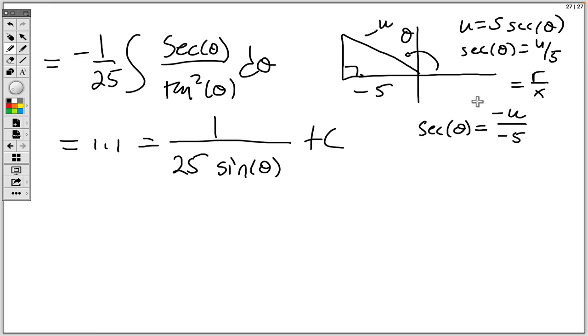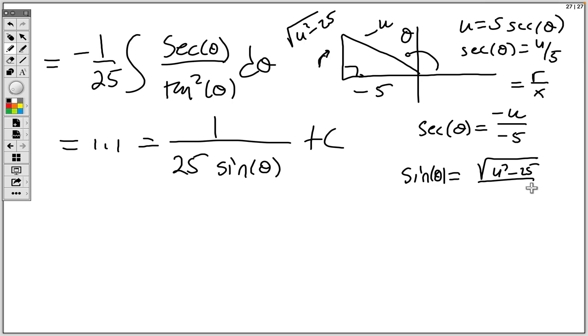So no matter how you slice it, when you go to calculate the sine of theta at this point, we can still do Pythagorean magic here and get the square root of u squared minus 25, because when you square these negatives, they turn positive. So that would mean that the sine of theta would be the square root of u squared minus 25 over minus u.